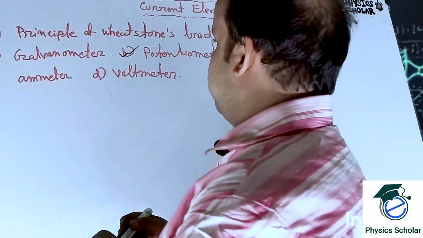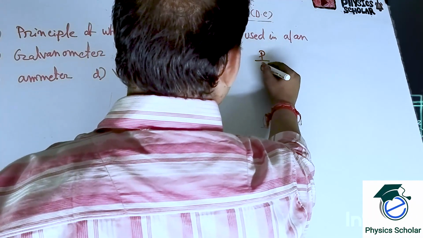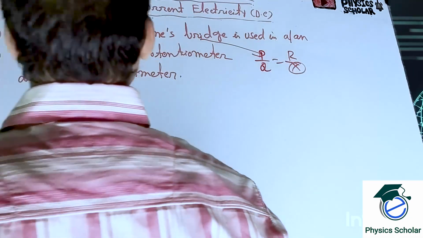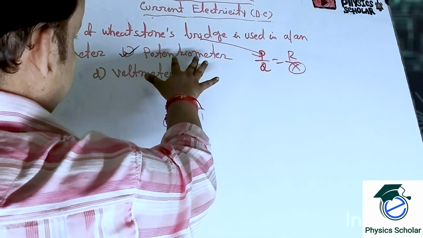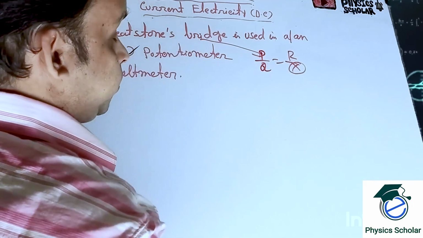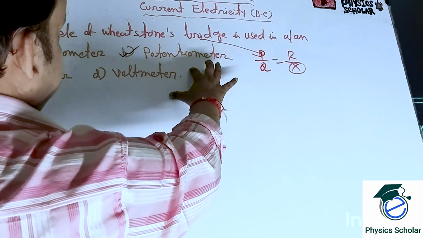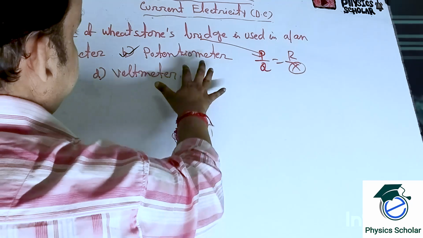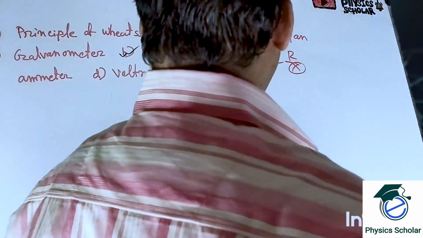In the balance condition, P by Q is equal to R by X. Inside the potentiometer, the potentials will be balanced to have a null deflection. That's why this property of Wheatstone bridge is used in potentiometer.